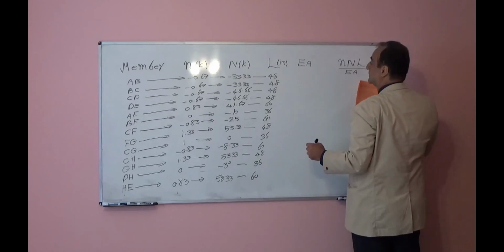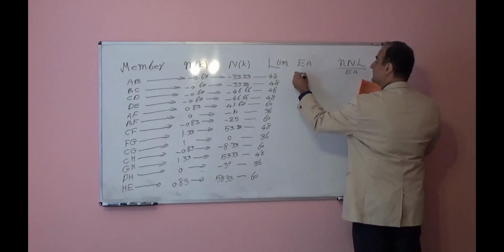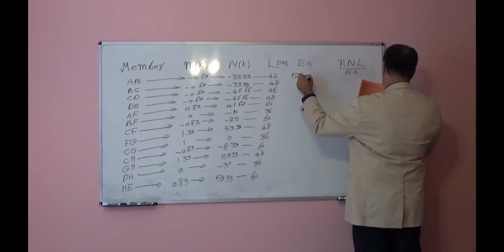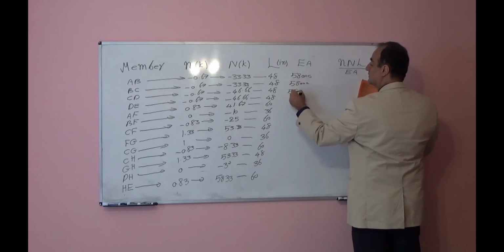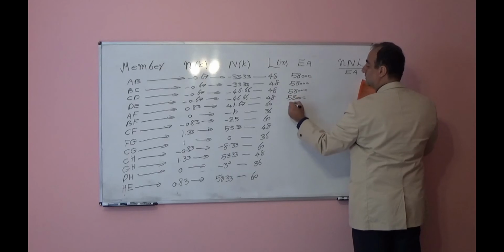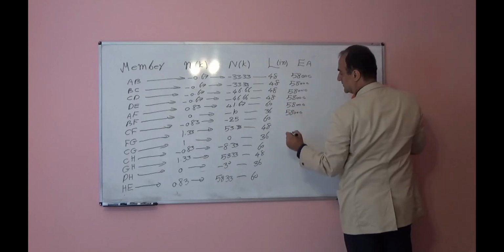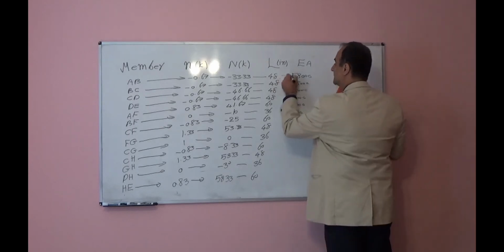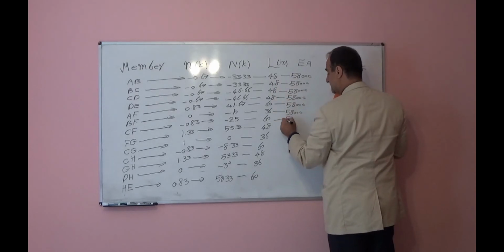Then you will calculate EA. E times A for all members is the same number, 58,000. In some examples it can be different, but in this example for all members it is the same number.